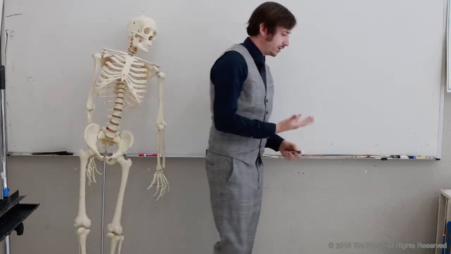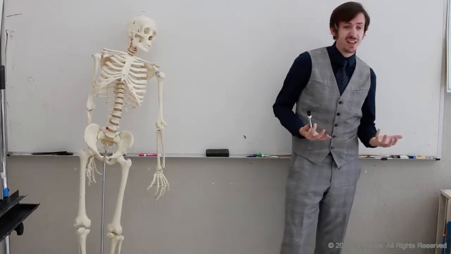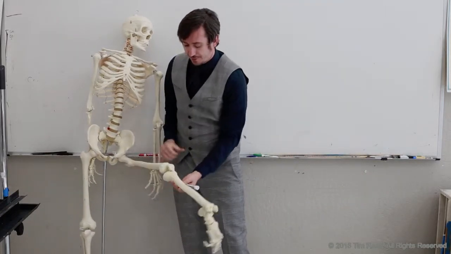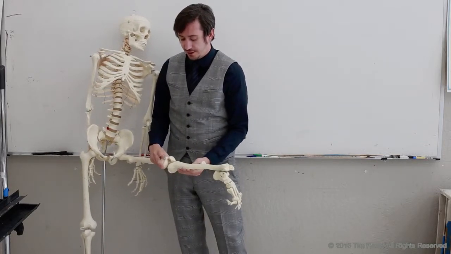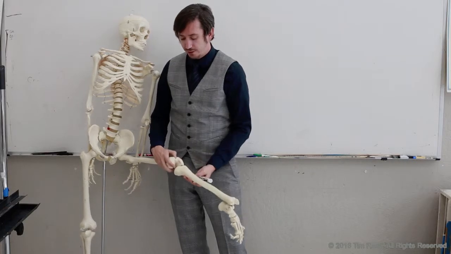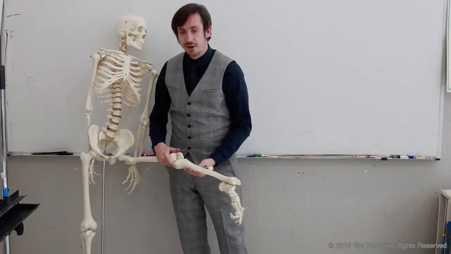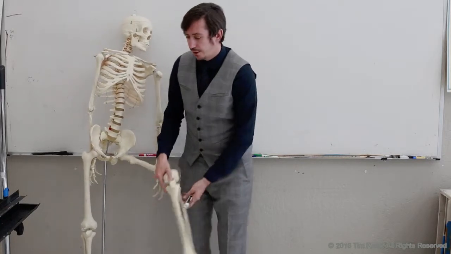The bone associated with the knee is going to be the patella. The patella is this small kneecap, and that's what it is, the cap of the knee. And as you can see, the patella just rests right into the groove here at the distal end of the femur, and it's sitting right in front of the tibia, that shin bone there.